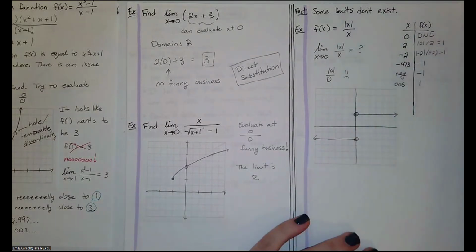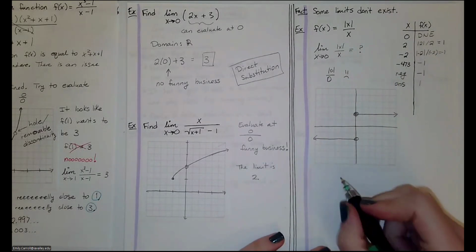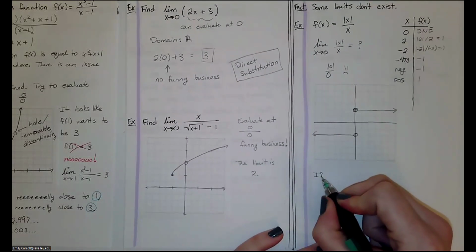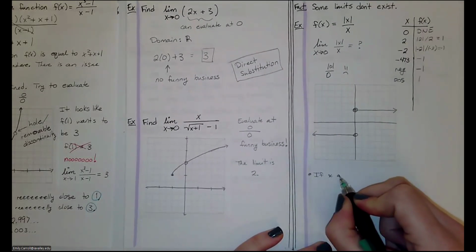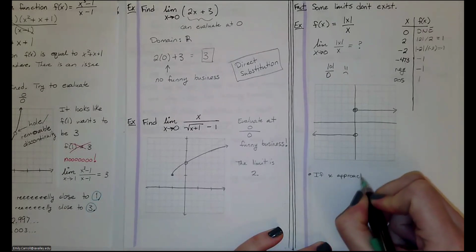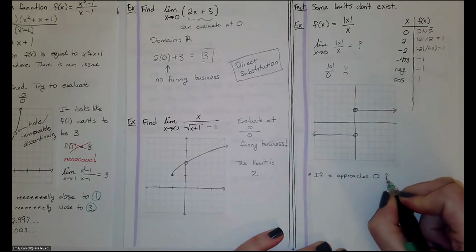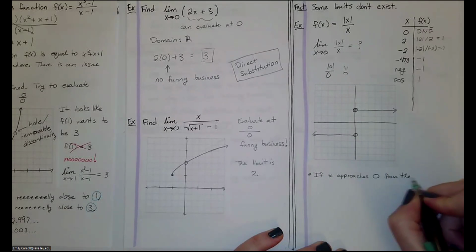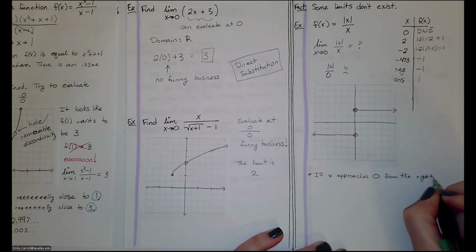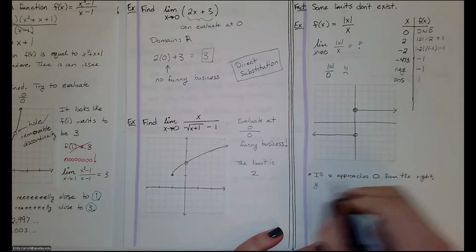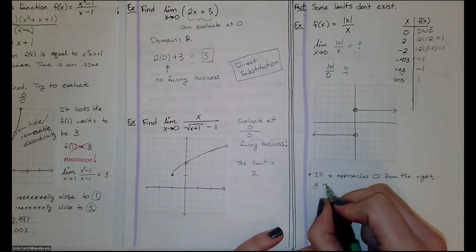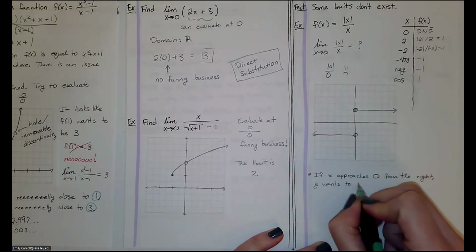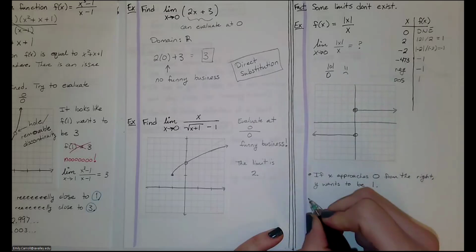So what's going on here is if x approaches 0 from the right, y wants to be 1.